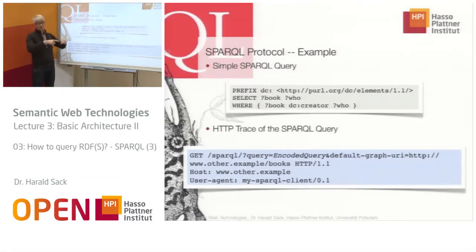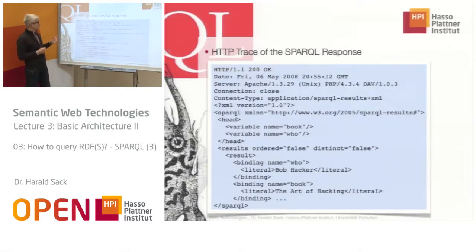And then, in return from the SPARQL endpoint, you will also get an HTTP response. So this is the SPARQL response of the HTTP response. In the case your SPARQL query was a success, you will get a 200 code, which means everything is okay. You will receive an answer within this HTTP response.